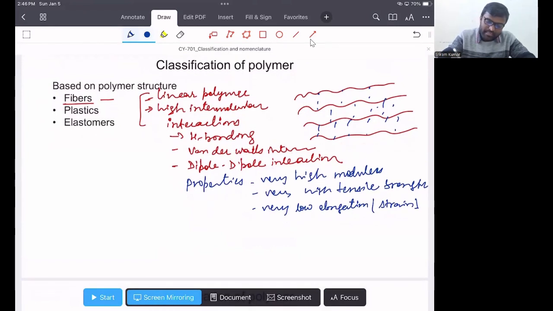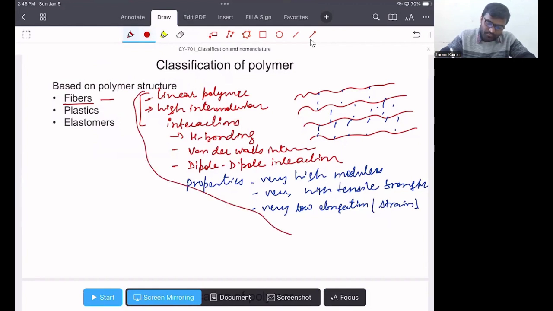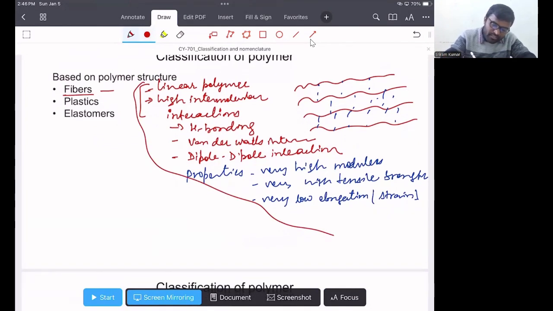And what about the elastomers? If you think about the elastomers, they have distinct properties.